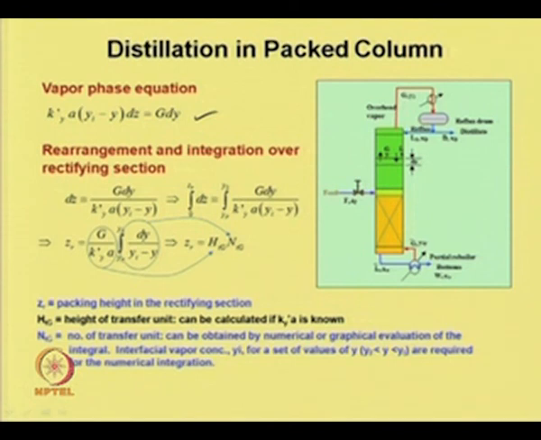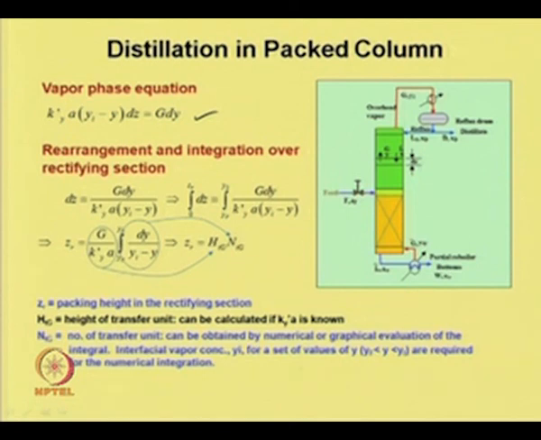So, this is known as the NTG integral term, and the first term is HTG. The first term is height of transfer unit, and this can be calculated if ky dash a is known, and NTG can be calculated by graphical integration if we know the interfacial concentration yi.